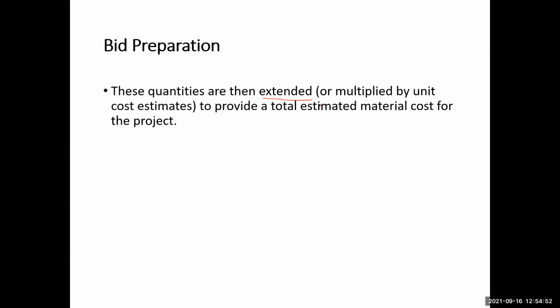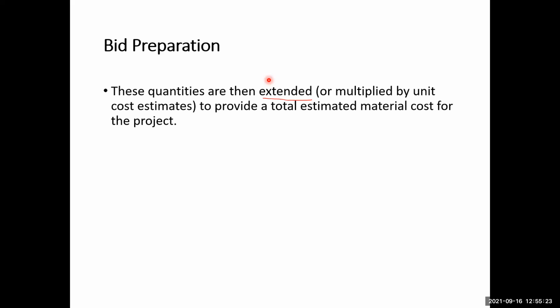Okay, so for example, for a certain portion of the construction project in a building, we need 100 cubic meter of concrete. If we have the concrete supplier as our subcontractor, that concrete supplier will say that, okay, I will provide you this concrete at $1,000 per cubic meter.